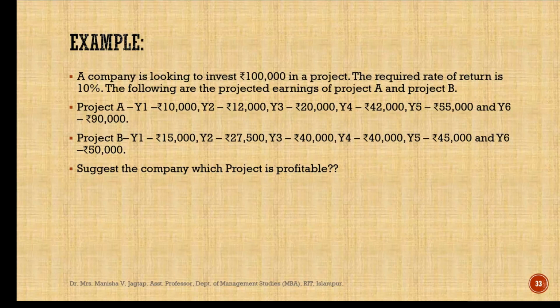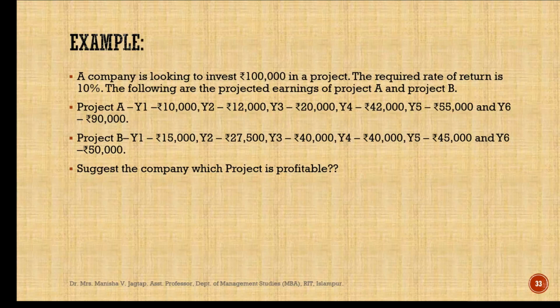A company is looking to invest rupees 1 lakh in a project. The required rate of return is 10%. And the following information is given concerned with projected earnings of project A and project B. So we can see that project A and B are mutually exclusive projects.